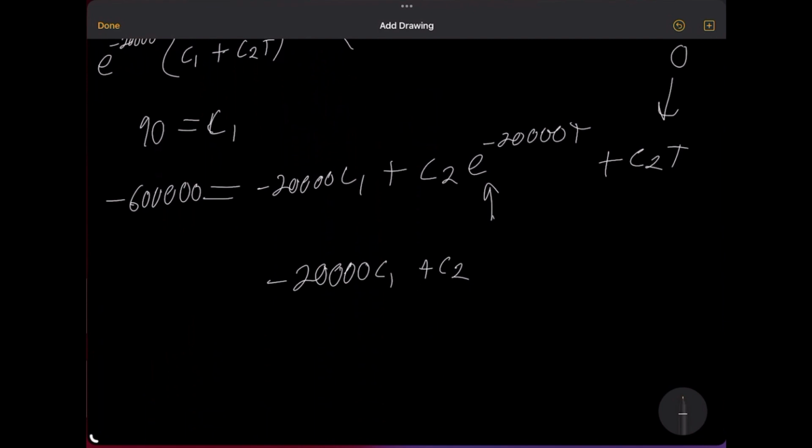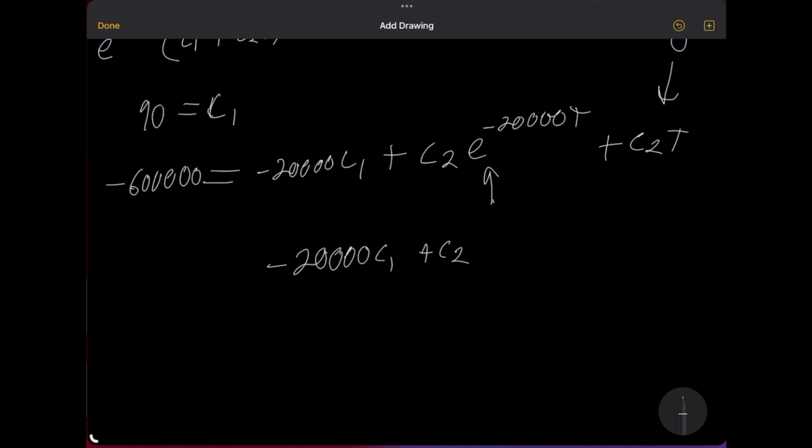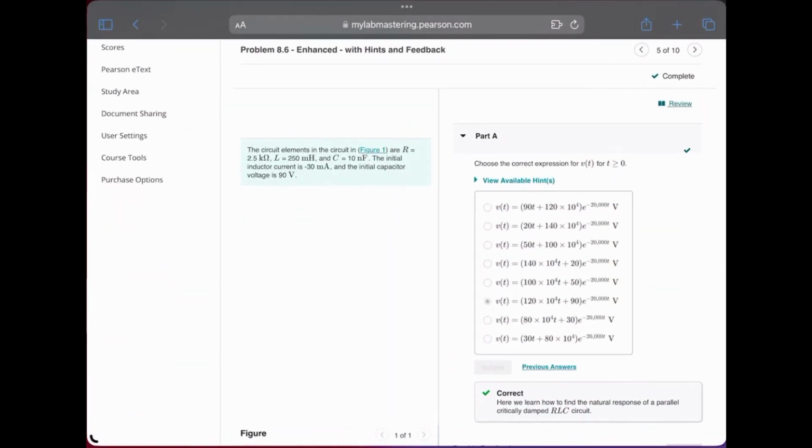One second. And C2 ends up being a very big number: 1.2 million? Whoa. Yep, that is the answer.